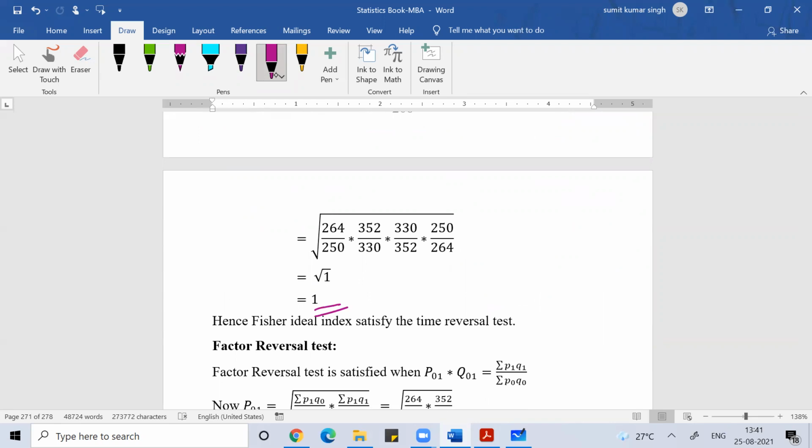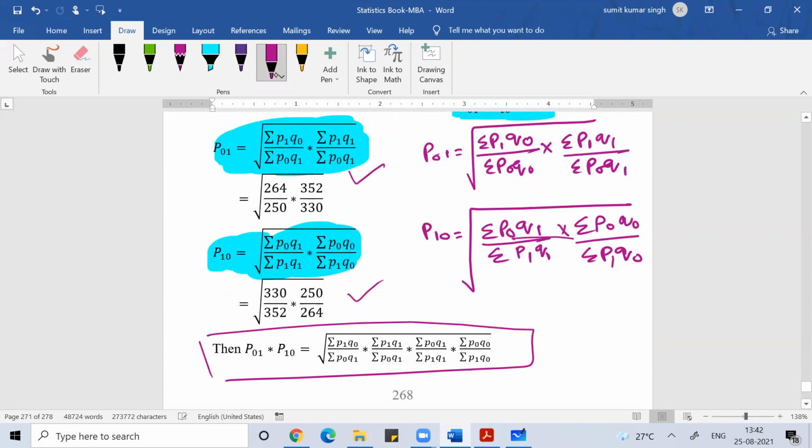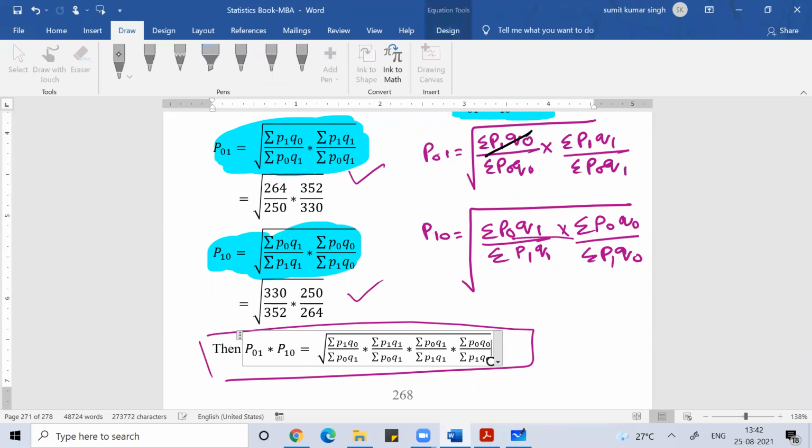Another way to understand: this and this will cancel, this and this get cancelled. You get 1 only. If you multiply them, what will happen? You can see P1 Q naught, this and this get cancelled.